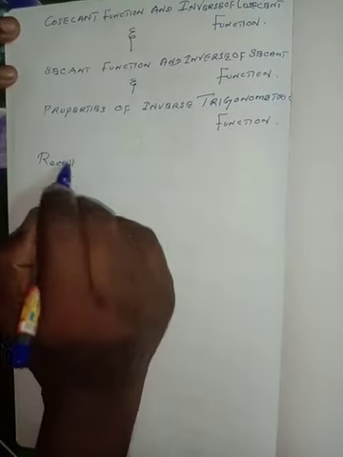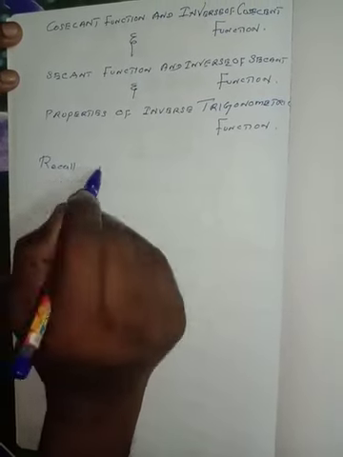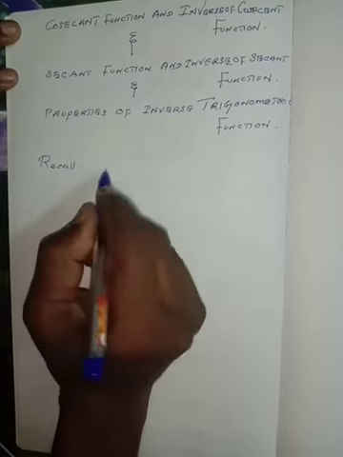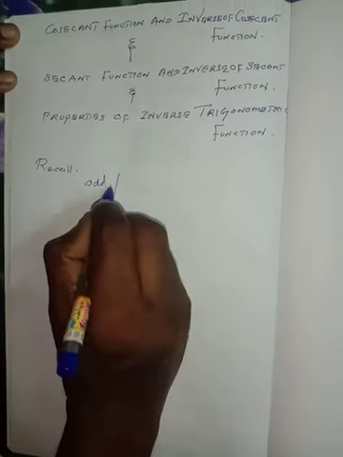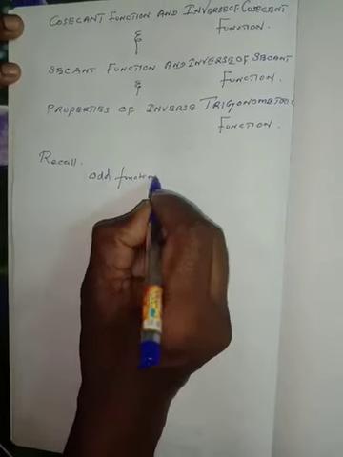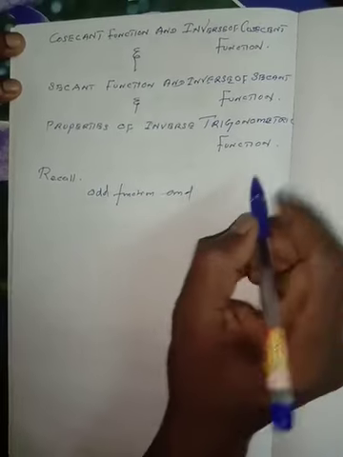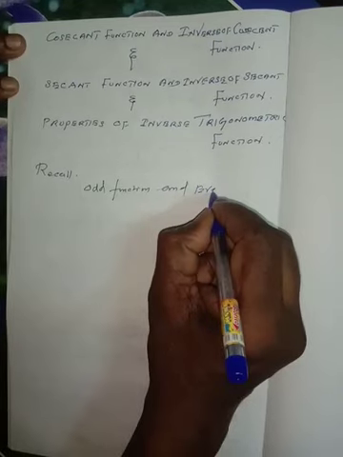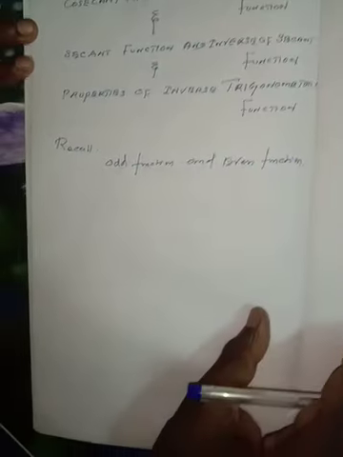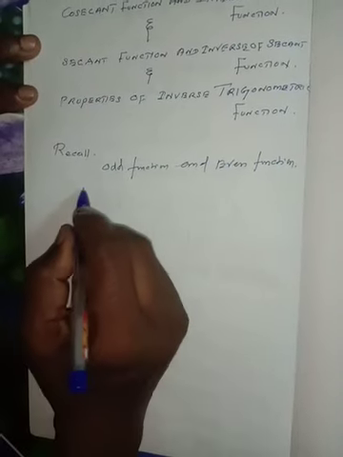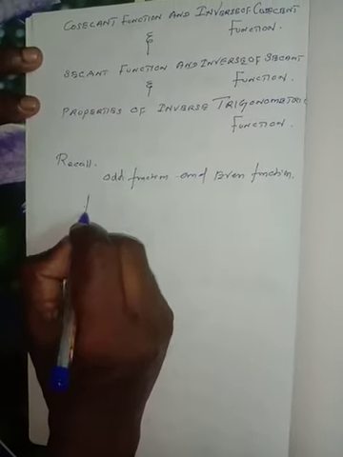Now recall the definitions: odd function and even function. Odd function means, let us take f of x as a given function.